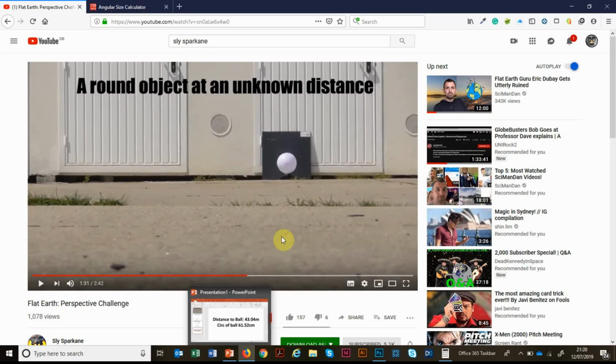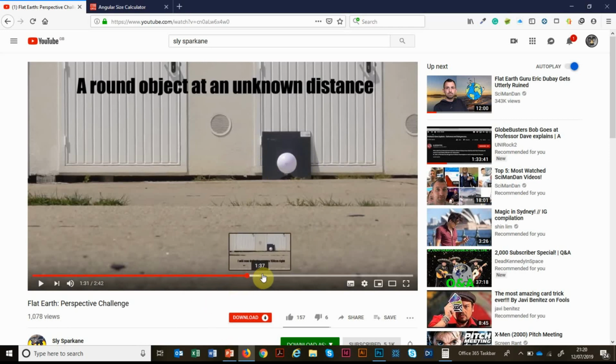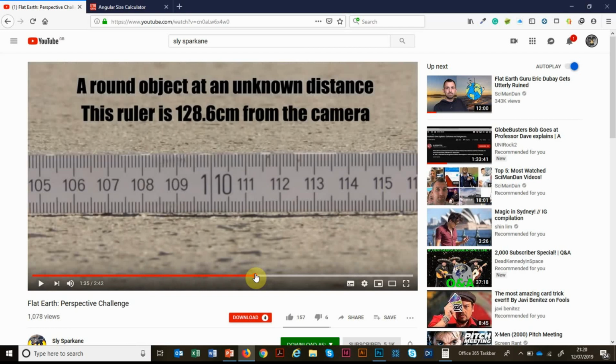I was surprised it was 42 meters distance away. But assuming that Sly's figures are right with that ruler in centimeters, which obviously it is, and that the ruler is 128 centimeters from the camera, it must be zoomed in a long, long way to have only 11 centimeters or so side to side in the frame.